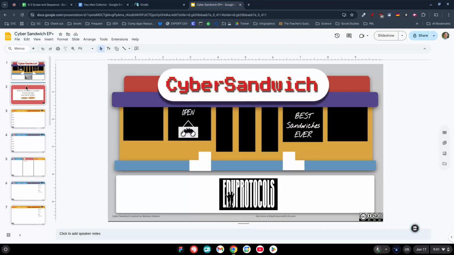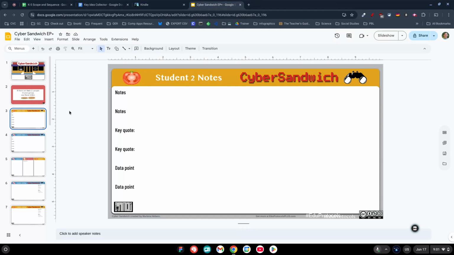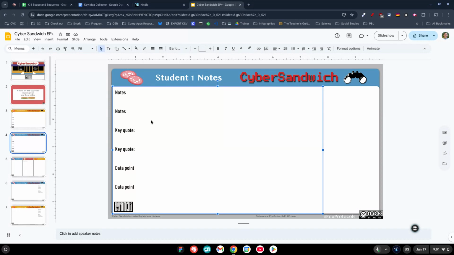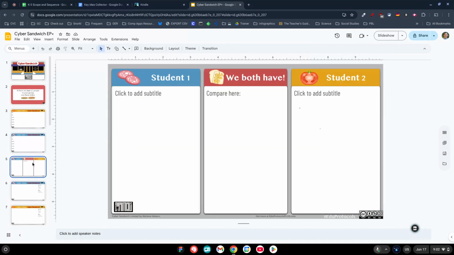An example of this might look like this. We have our student one notes, student two notes. They're working on their article, their video that's focused on their topic. They're going to write down their notes. Maybe they take in some key quotes or data. And then they're going to go here. They're going to share some of their information.